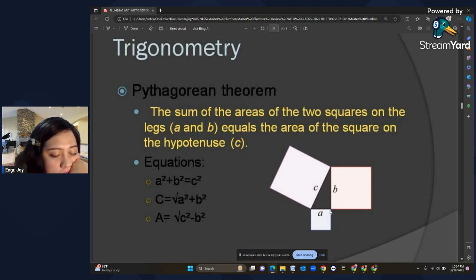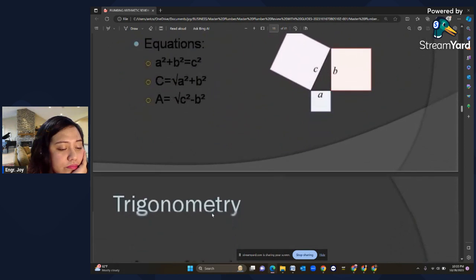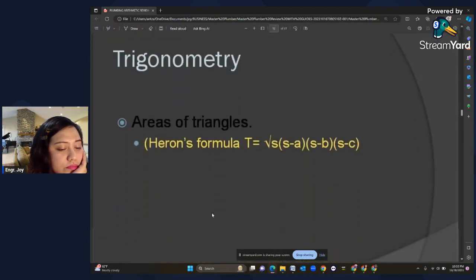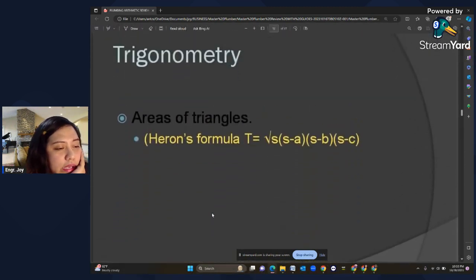So, A, siya yung shorter, B, siya yung longer, kasi longest is C. So, the Pythagorean theorem says that A squared plus B squared is equal to C squared.